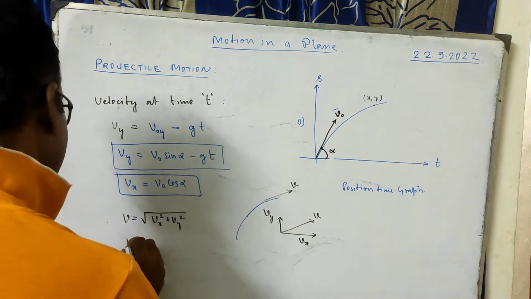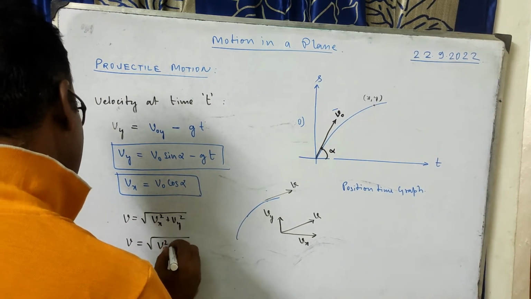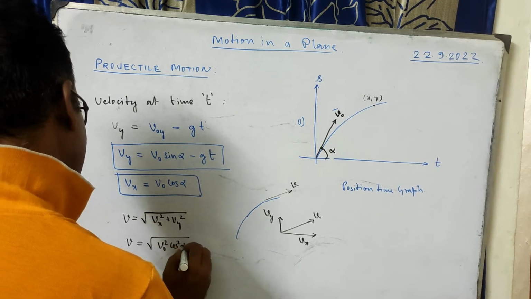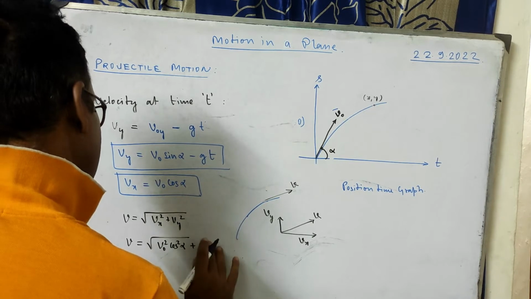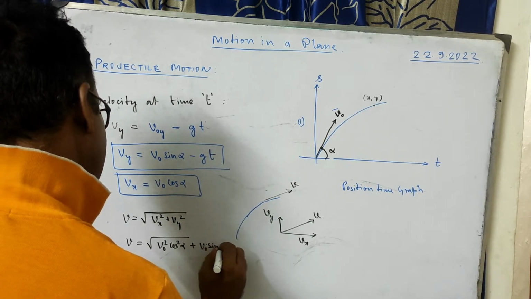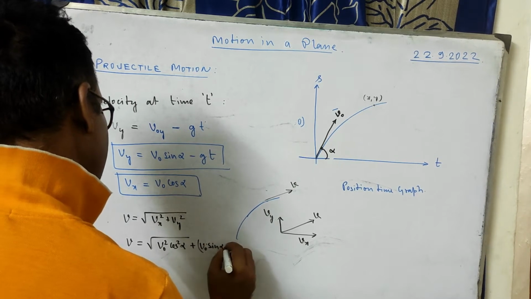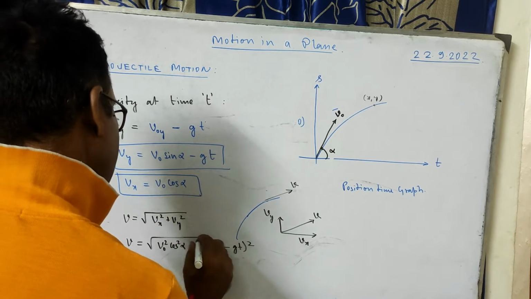Now you find out V is equal to root over V0 square cos square alpha plus, V0 sin alpha minus gt, the whole square.